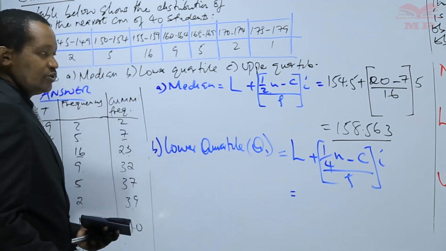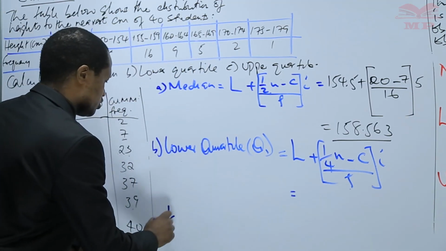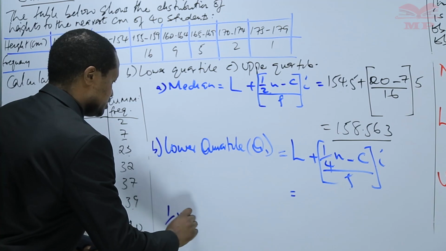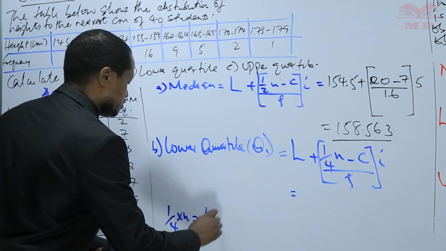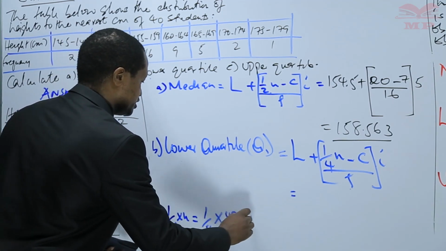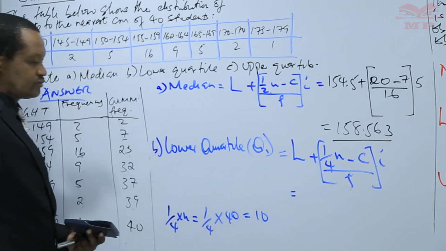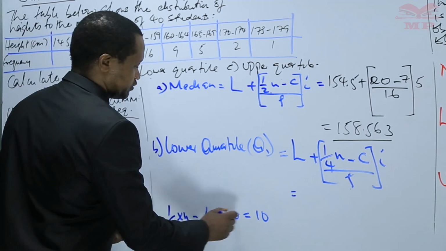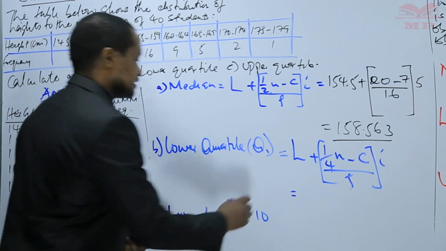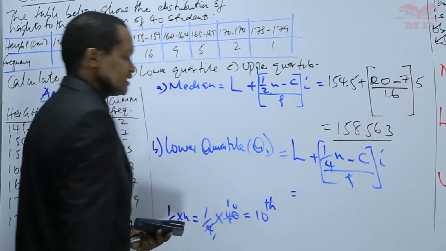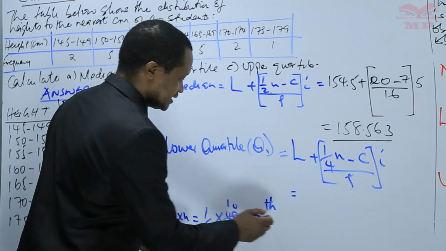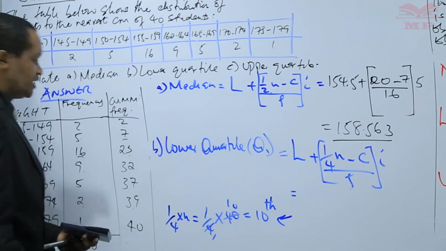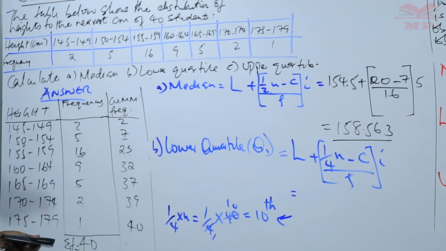First we need to determine 1 over 4 times n, which is 1 over 4 times 40, equal to 10. So the 10th student, where does the 10th student lie in this cumulative frequency?